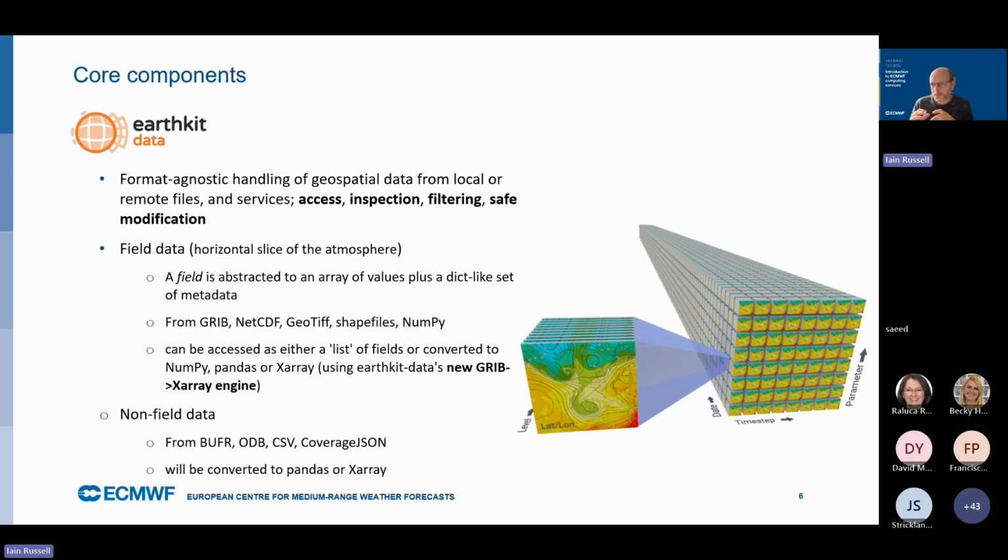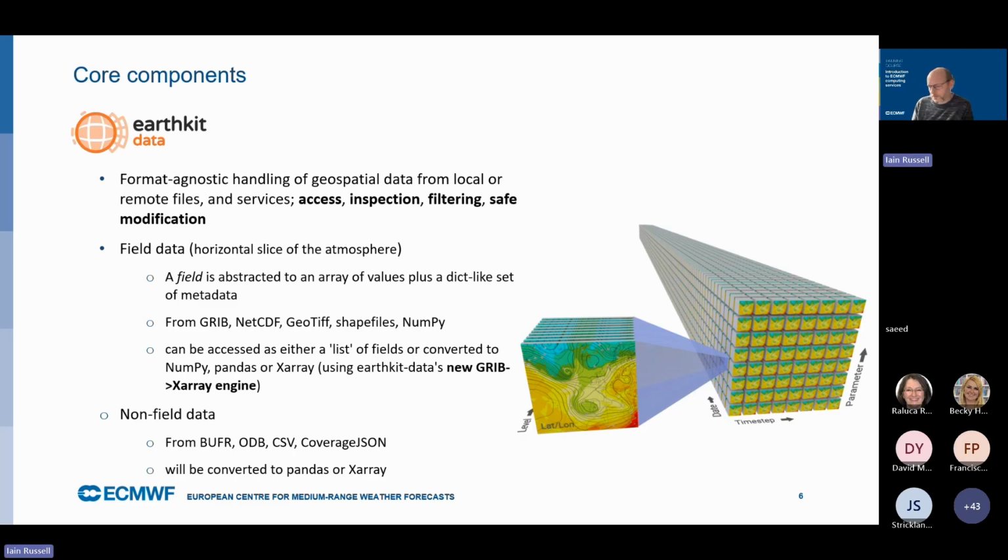The basic concept, this abstraction of the data, is that of a field, which is a horizontal slice of the atmosphere. You've spent today looking at ecCodes and GRIB, so you can think of that as a GRIB message, which is also a horizontal slice of the atmosphere, but of course NetCDF also gives you that kind of data.